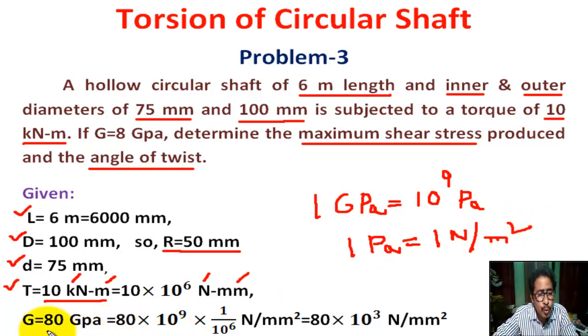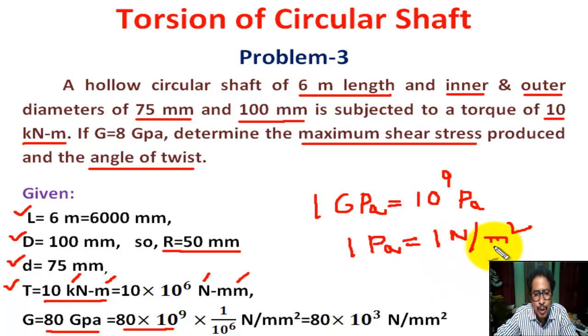So G equal to 80 gigapascal equal to 80 into 10 to the power 9 Pascal. Then 1 Pascal equal to 1 Newton per meter square.